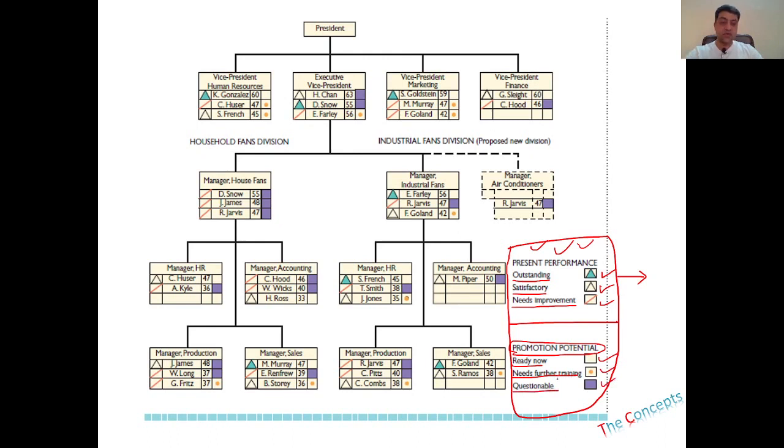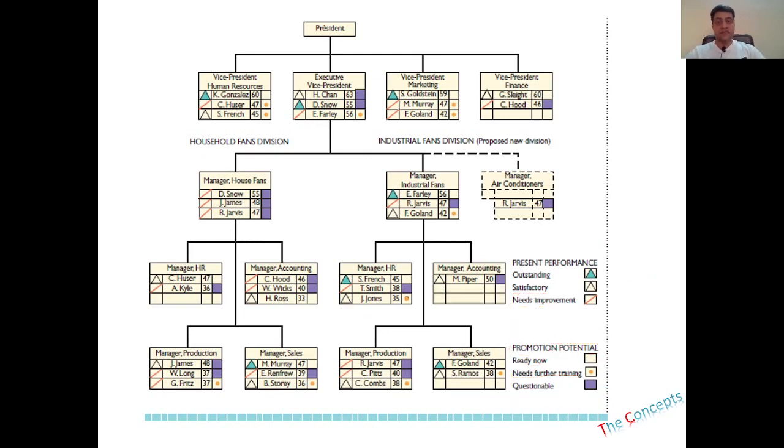Now, let's use these signs and know who can be promoted to what level. Let's suppose we have a president and he or she has to retire, or resigns, or the president is no more. So who is the person who can easily be promoted from these levels to the president level?